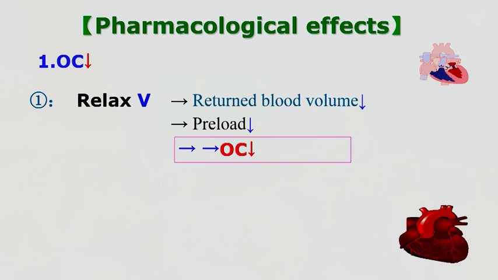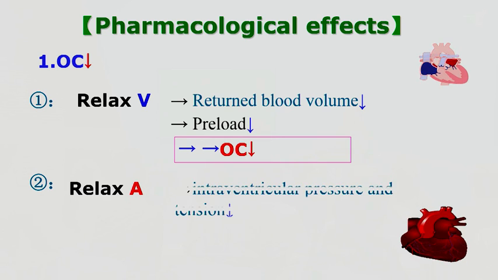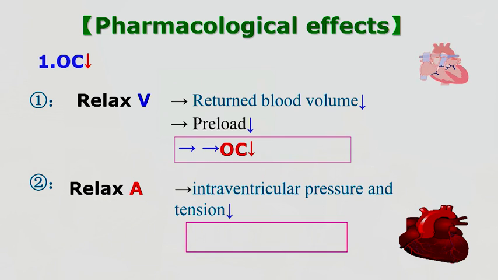If we use high doses, nitroglycerin not only relaxes veins, but at the same time can also relax arteries. So by arterial dilation, intraventricular pressure and tension are reduced hugely. So oxygen consumption is reduced hugely.